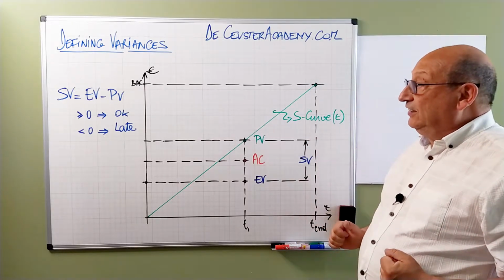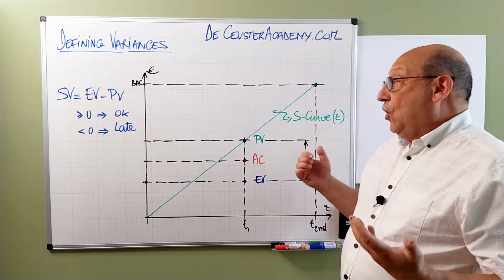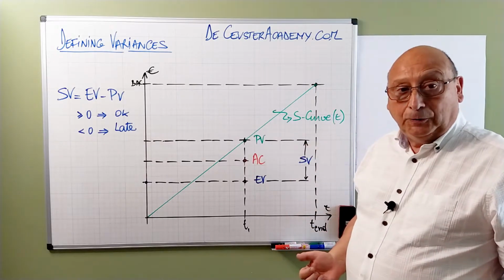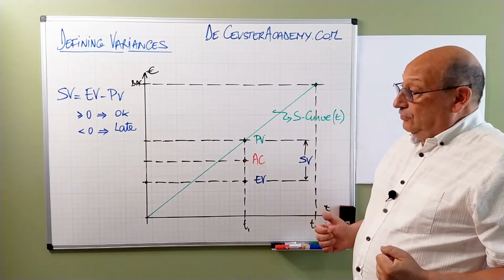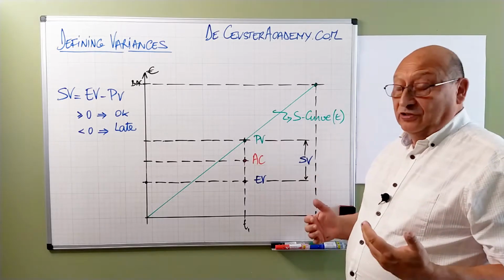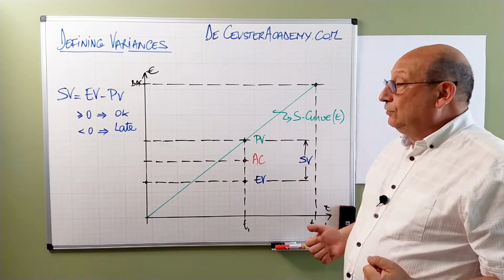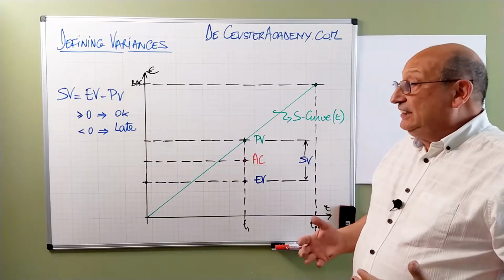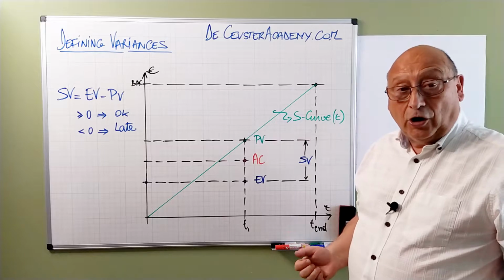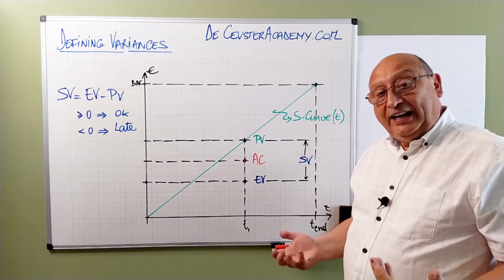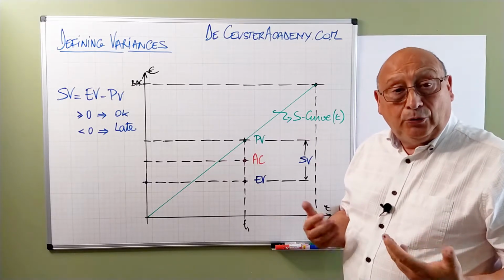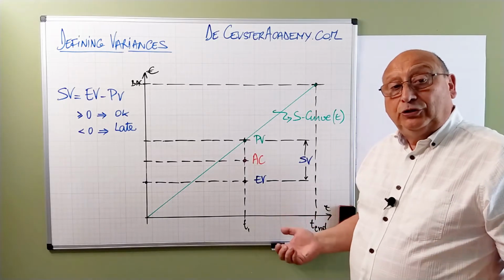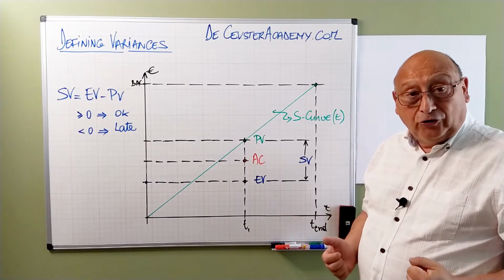The schedule variance is defined as earned value minus planned value. When the earned value is higher than or equal to the planned value, the schedule variance is larger than or equal to 0, which means we are ahead of schedule, or we are on schedule.